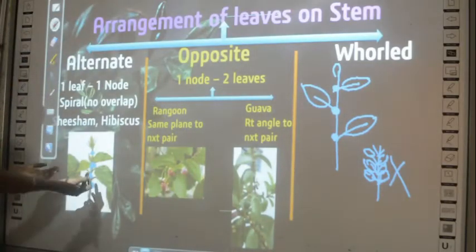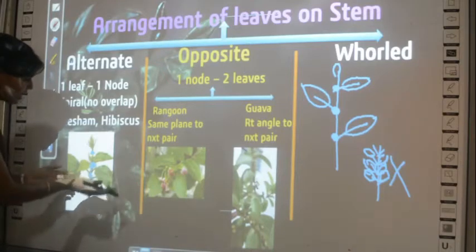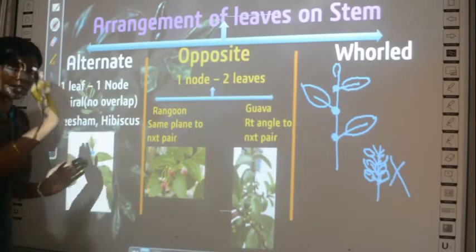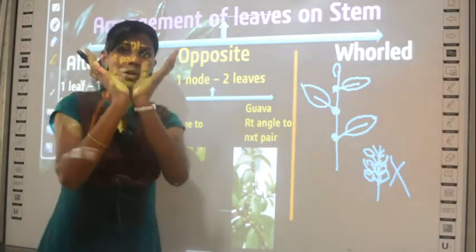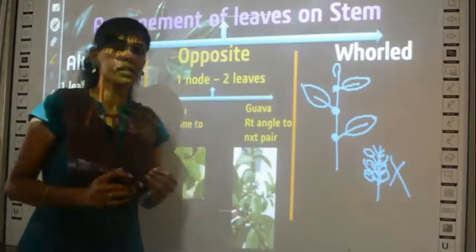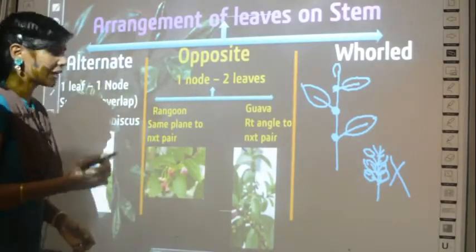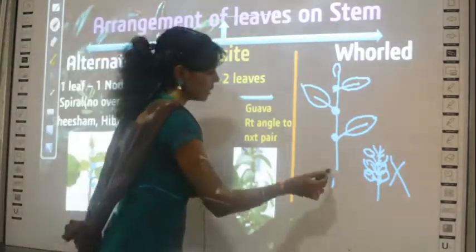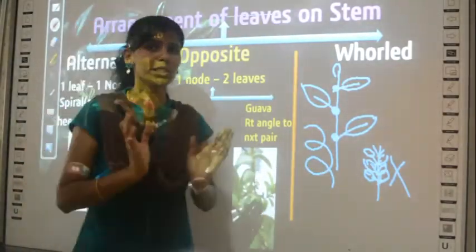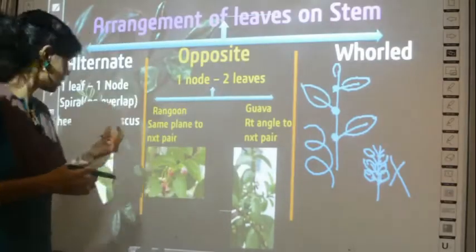See here, it is at different angles. If there is one leaf here, the next leaf is not in this direction, it is in this direction. It will be tilted at some other angle and it will be in the form of a spiral. What is spiral? Spiral means like this structure, right? So at different angles it will be arranged, it will not be straight. Okay, that's what is given.